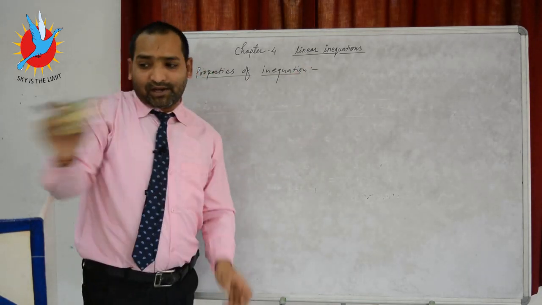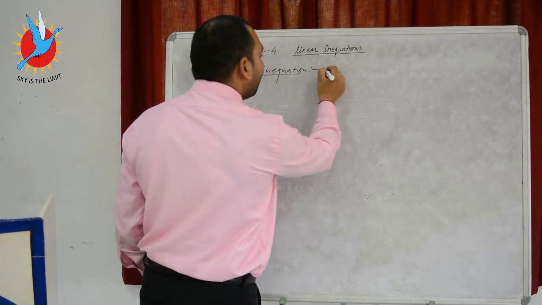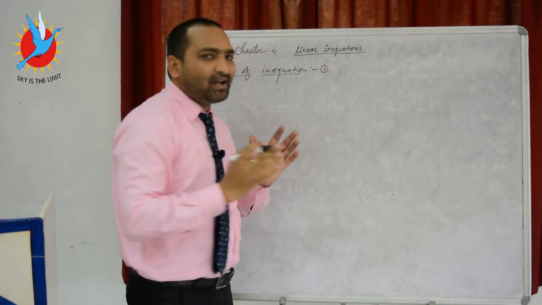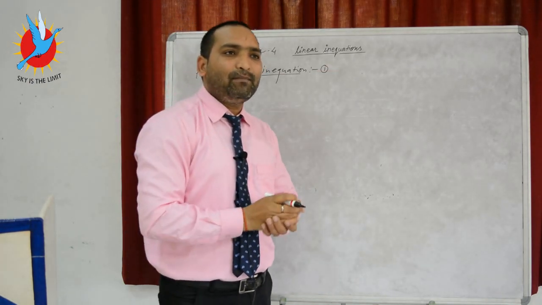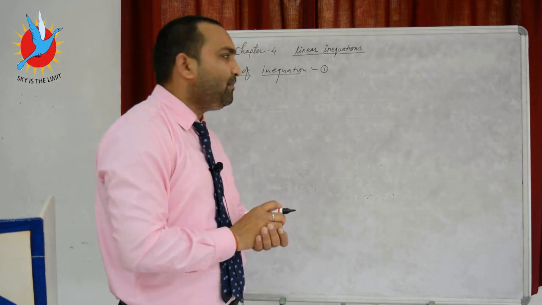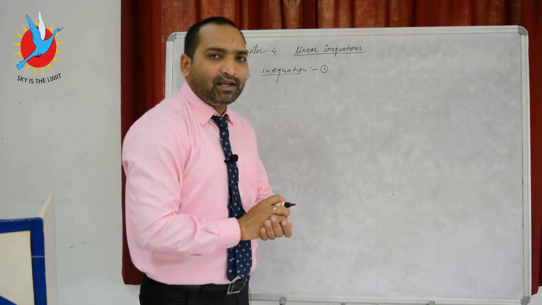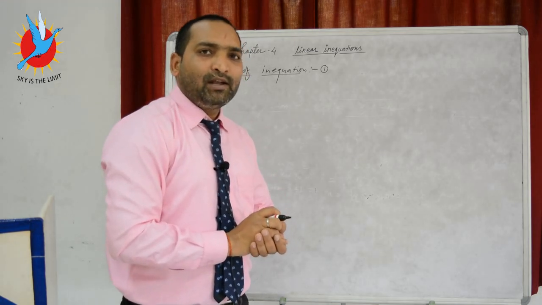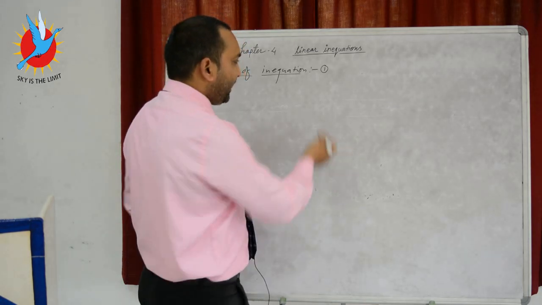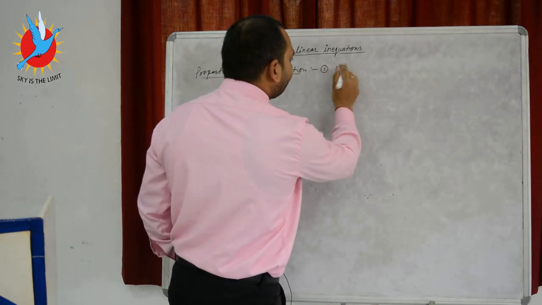First property of the inequation: if we add or subtract any positive or negative number on both sides of the inequation, then there will be no change in the inequality. Take one example.